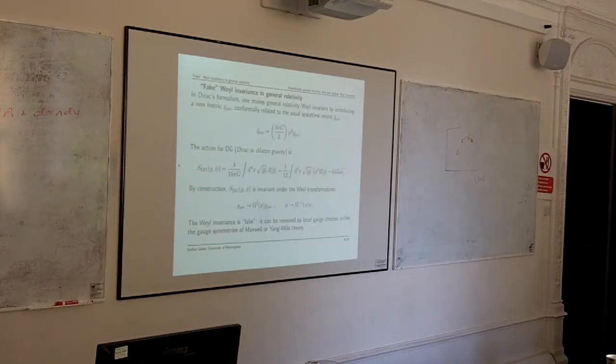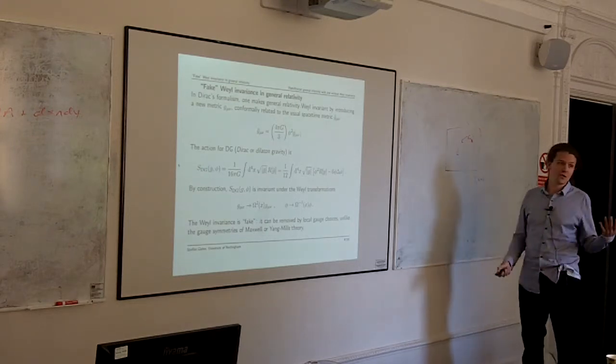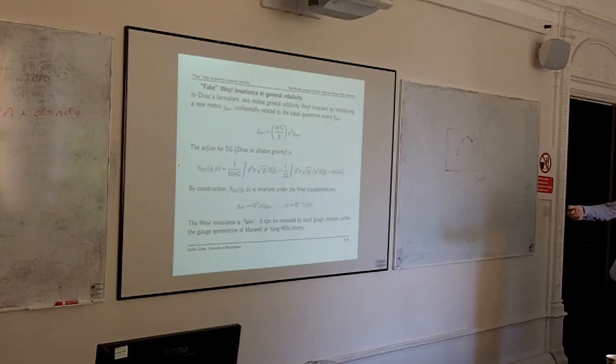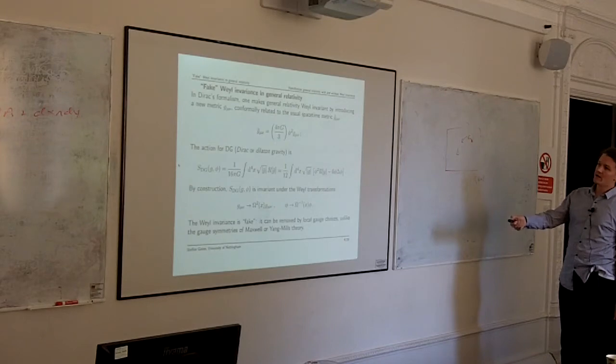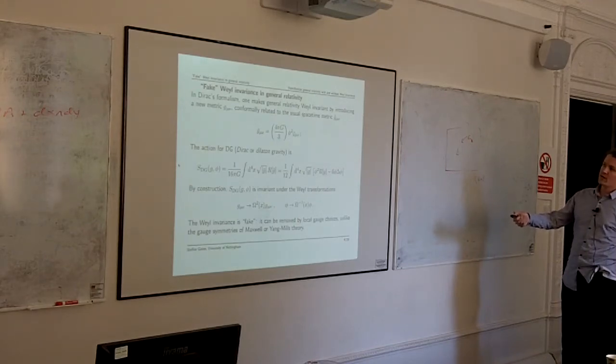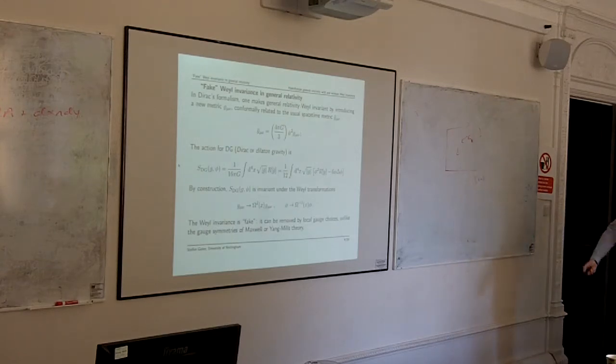So what you do in this Dirac formalism is quite simple, and it's in fact a version of this Stueckelberg trick. You make general relativity Weyl invariant by introducing a new metric that is conformally related to your original space-time metric. So this metric, you just write that as phi squared times g, and you have this constant here, which is just so the dimensions work out.